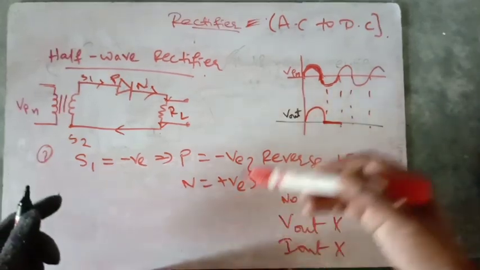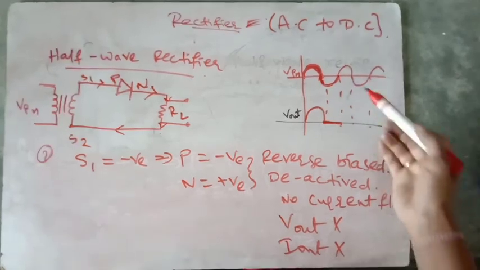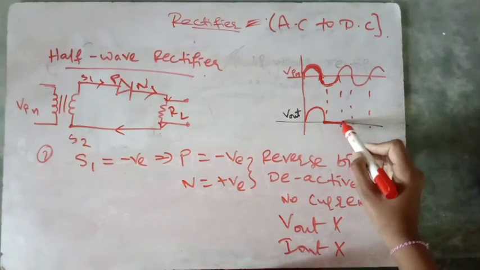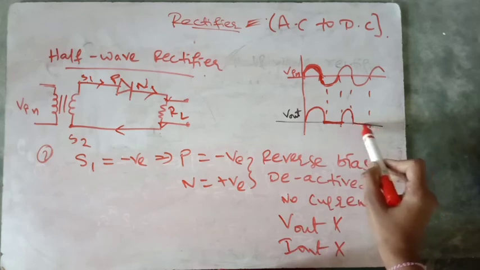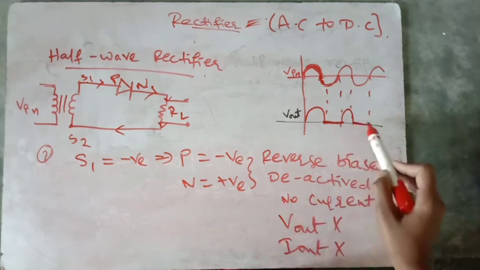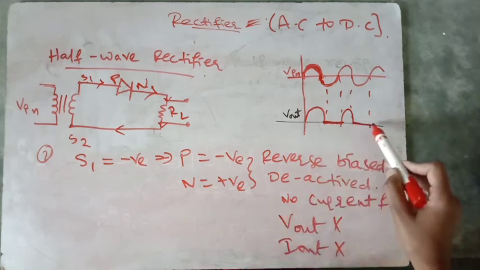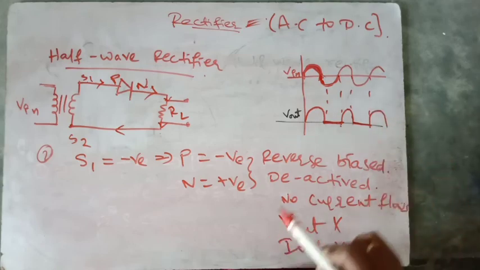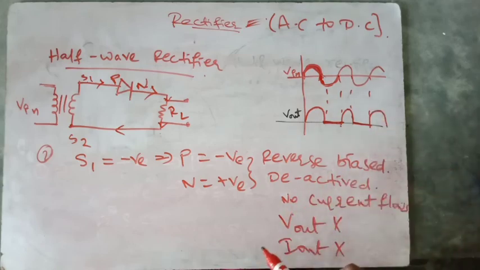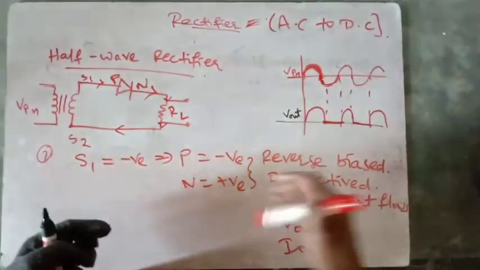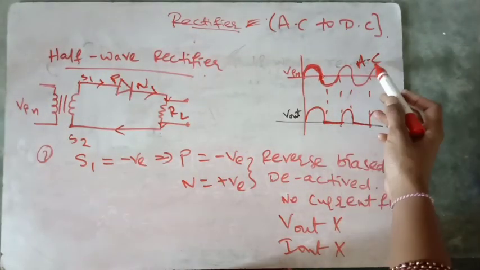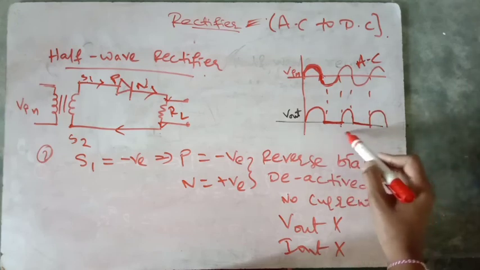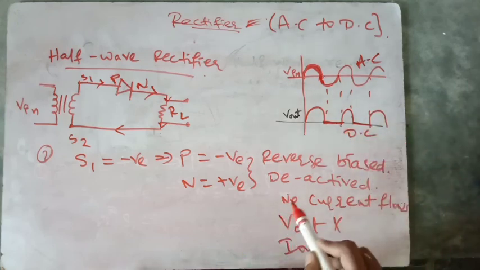If you repeat the same process, for the positive half cycle you will have the output voltage, and for the negative half cycle the output voltage will be 0. So this is an AC input, and for AC input you have a DC output voltage, right?